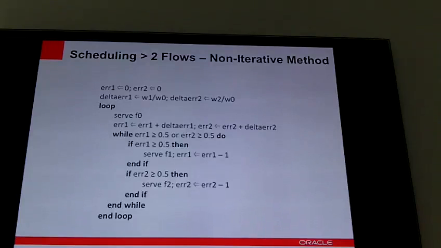So again, the basic idea is we forward a flit from flow 0, and then we determine how many packets we have to forward from the other 2 flows, so that the weight ratios are being met.